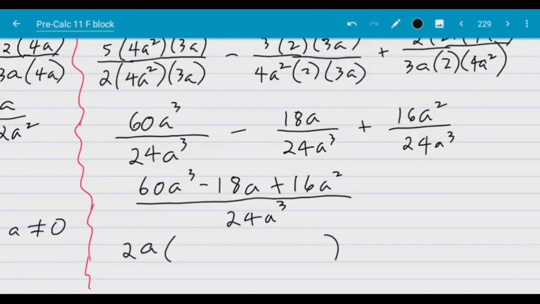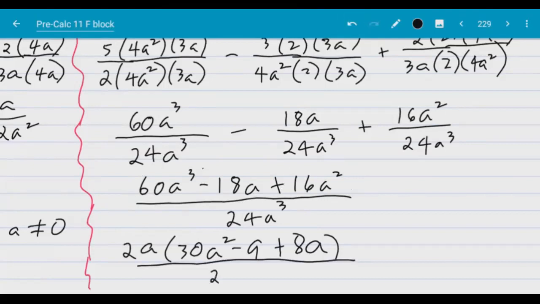In which case, if you factor out an A from 60A cubed, I would have 30A squared. Right? What else? If I factor out a 2A from negative 18A, that would be minus 9. If I factor out a 2A here, I would have plus 8A, all over 24A cubed.